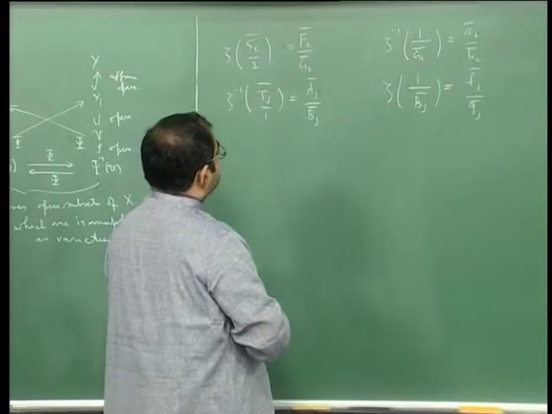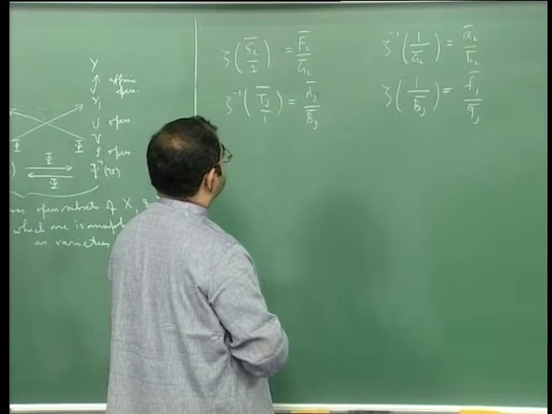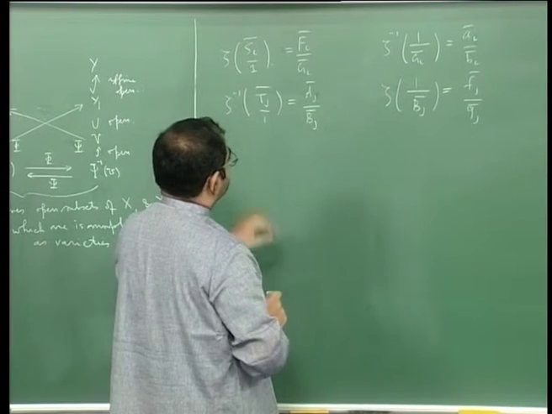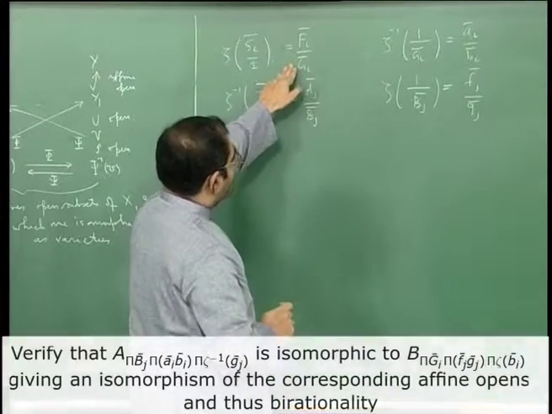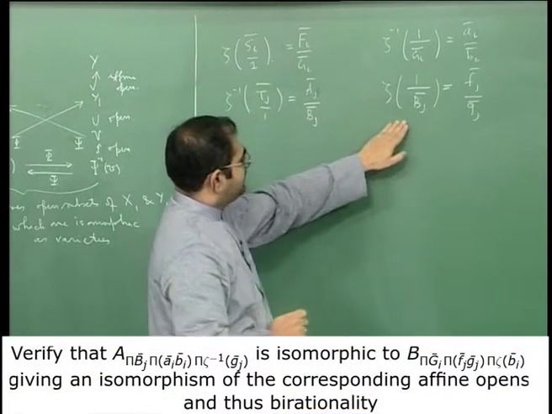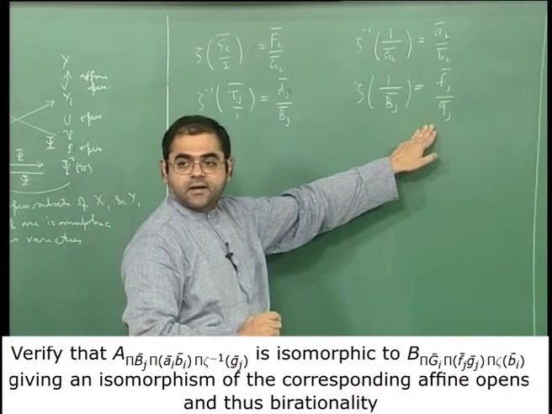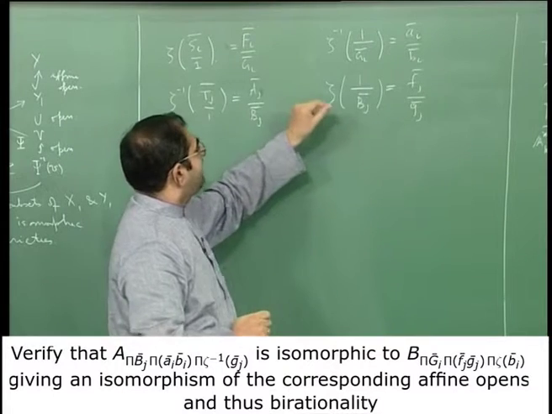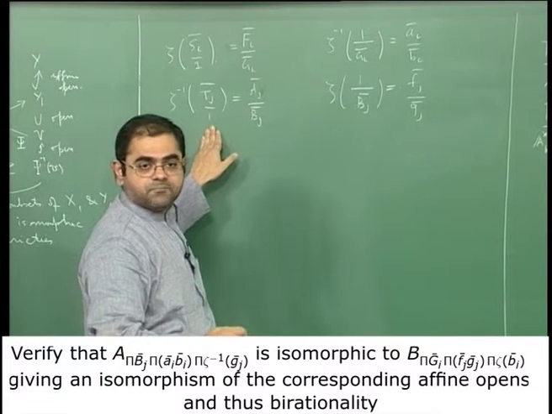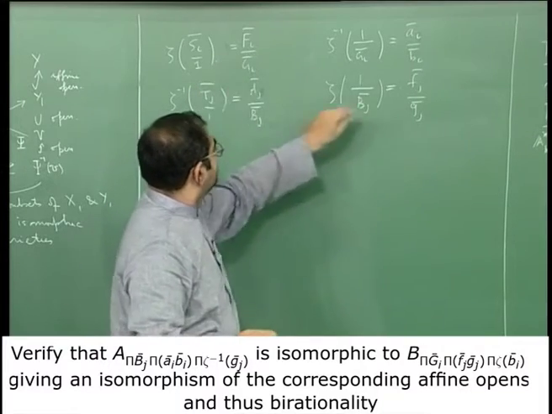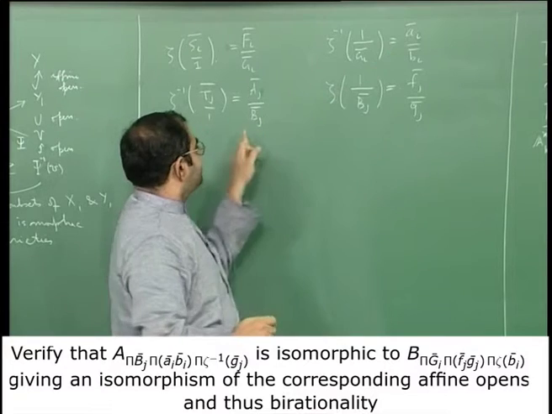Now what one has to do is this: whenever I have applied zeta, I am on the side of B, working with the T bars, and whenever I have applied zeta inverse, I am working with the S bars. So these two are connected with the T bars and these two are connected with the S bars.